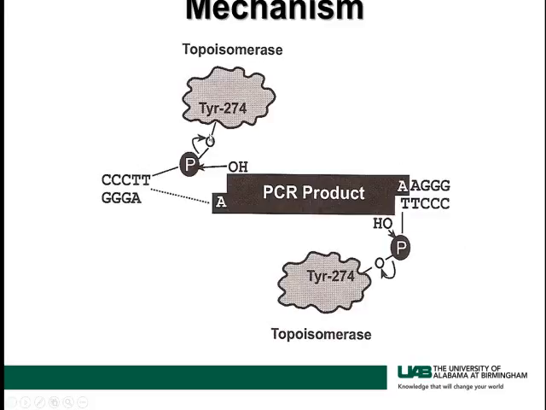So the tyrosine OH is bound to the phosphate, which is bound to the 3' end of this vector fragment right here. But that's okay, because the topoisomerase is going to use that free OH right here from the 5' end of that PCR fragment as a substrate to interact with the phosphate group that is now being released from the tyrosine OH, thus forming a ligated product.